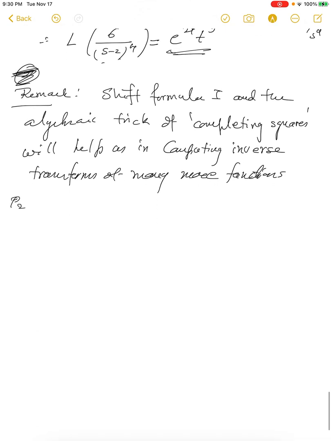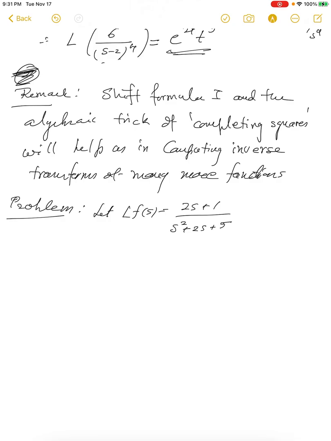So another problem. Let's take L F of s to be 2s plus 1 over s square plus 2s plus 5.